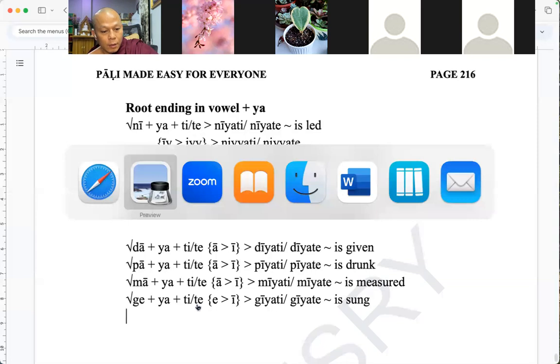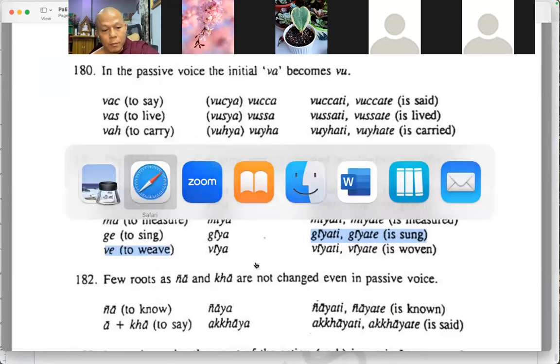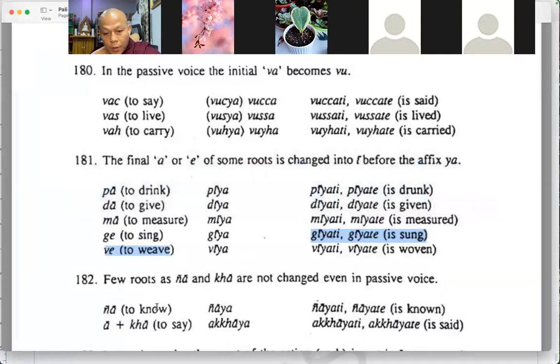And another root, we, to we. So we did, or we did, is woven.